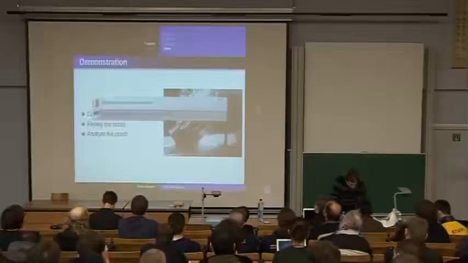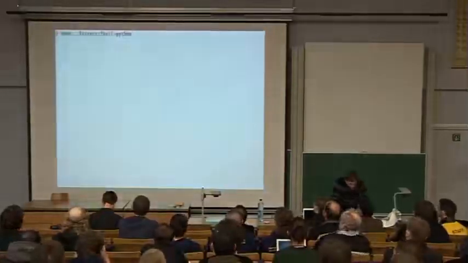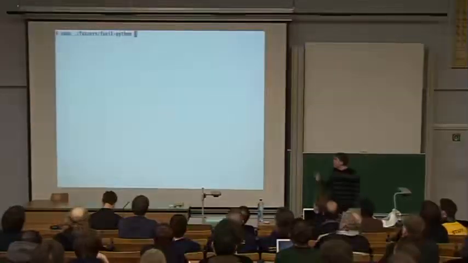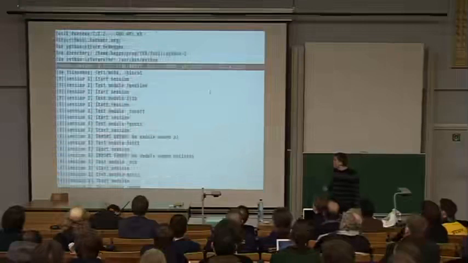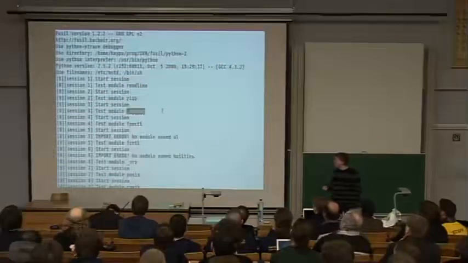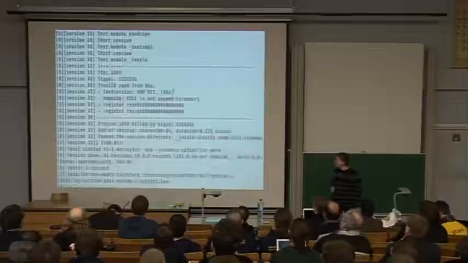An example of Fusil. So you just type the name of the fuzzer. It generates a lot of function calls. Here I test Python 2.5.2. Each time it tests a different module.